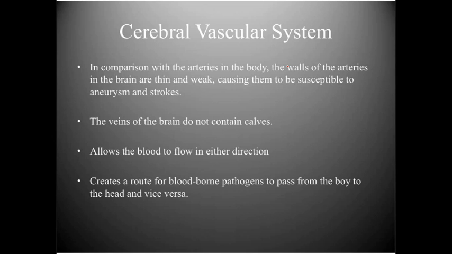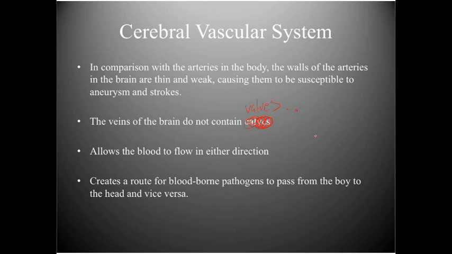The veins of the brain do not contain valves, which is misspelled on the slide, which allow the blood flow to go in either direction. As we know in the heart, there are valves.